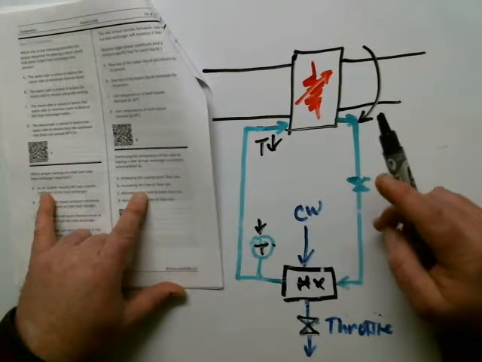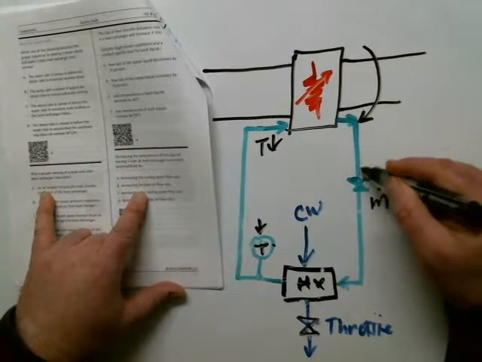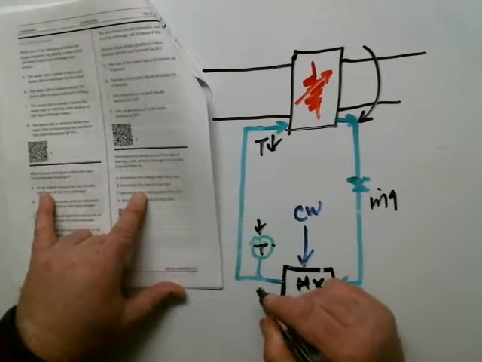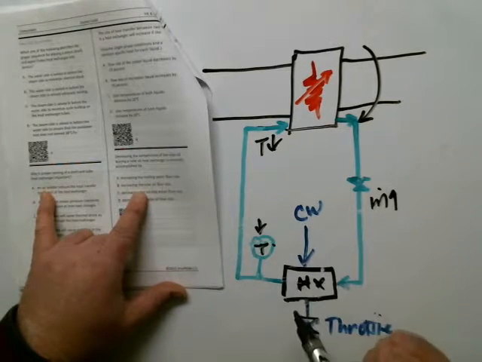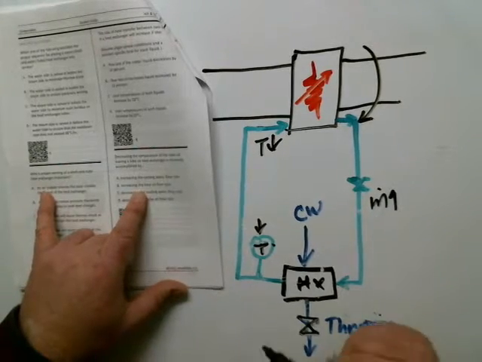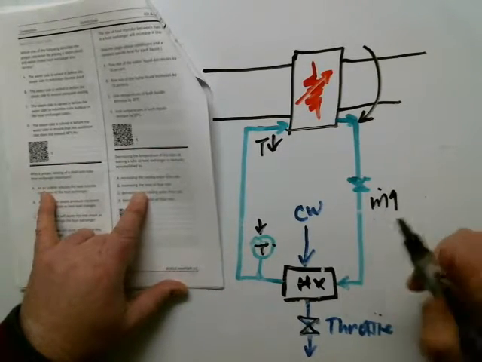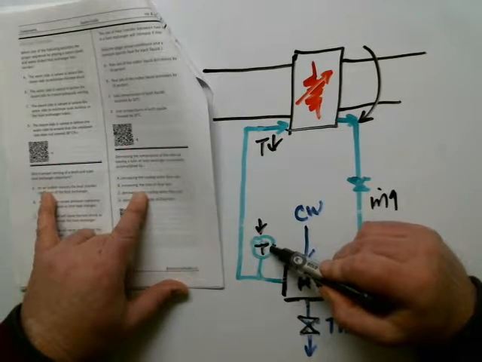Increasing the lube oil flow rate. Well, if I increase the mass flow rate of this lube oil right here, it's going to come in and go really fast through this heat exchanger, and the contact time with the cool water, it's not going to have enough time to transfer heat. Now, the rate of heat transfer goes up, but that's not what they asked. They asked us what happens to outlet temperature.